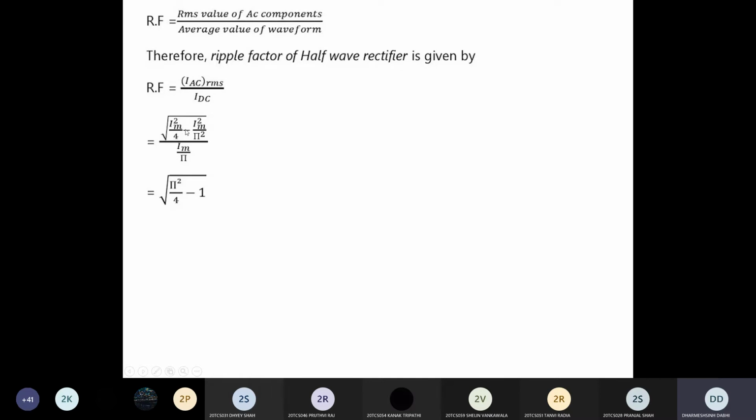So if you simplify this, it becomes the RMS value of your total output current minus average DC current, divided by average DC current. Or you can write it this way: square root of the RMS value of total current divided by average DC current, whole square, minus 1.